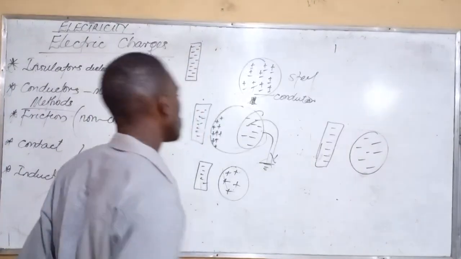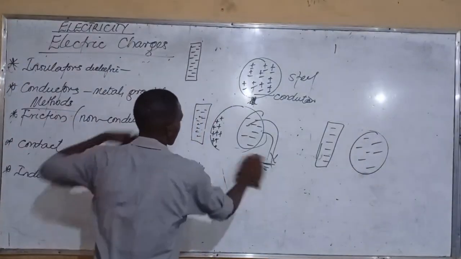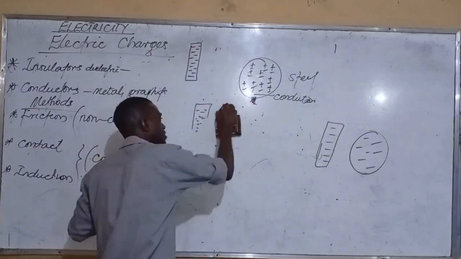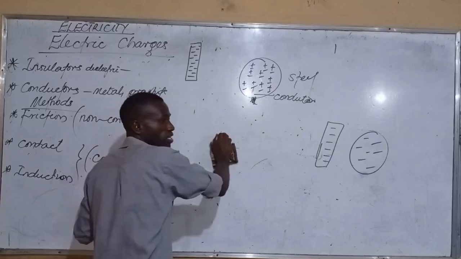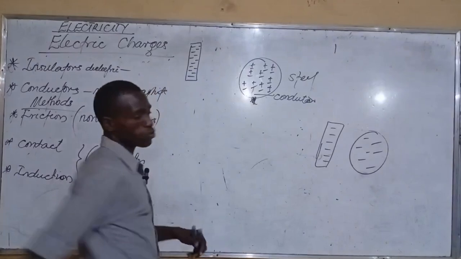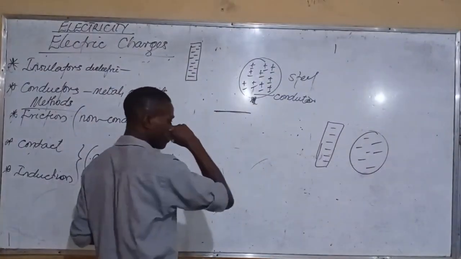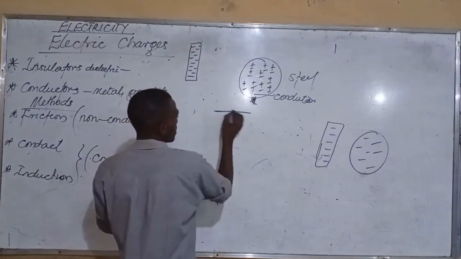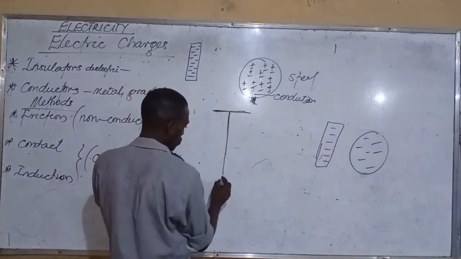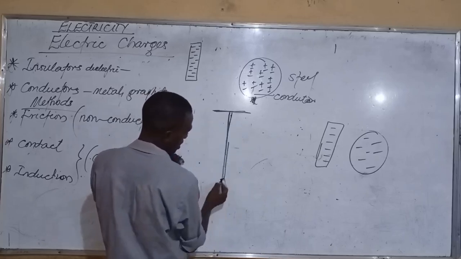The electroscope was one of the devices developed in those days, and it was used to detect the charge on other bodies. If I wanted to discover the kind of charge that a body had, I would bring it to touch the electroscope. The electroscope has the following components. There is a metal brass rod that goes into this place, and it has gold leaves attached at the base here.